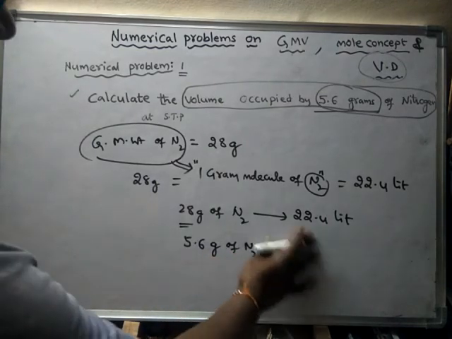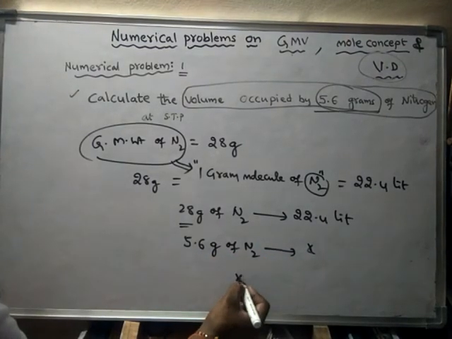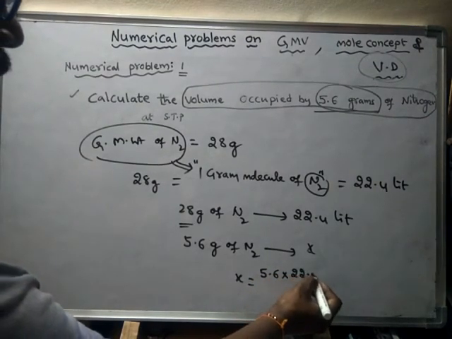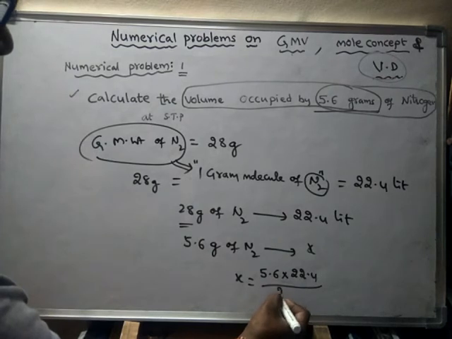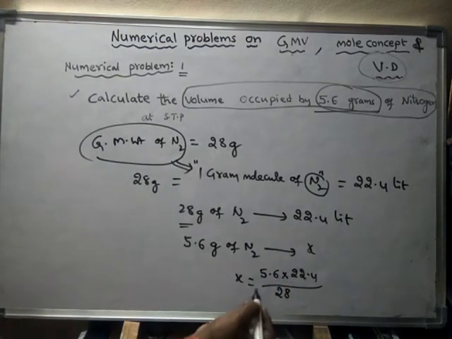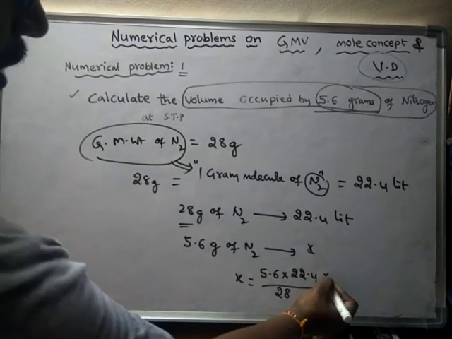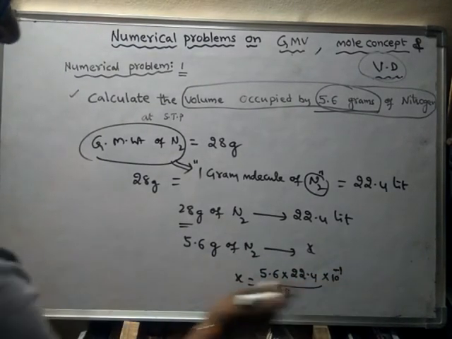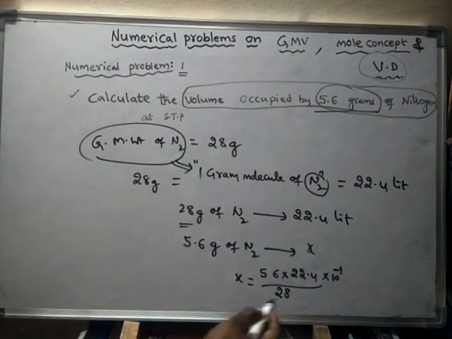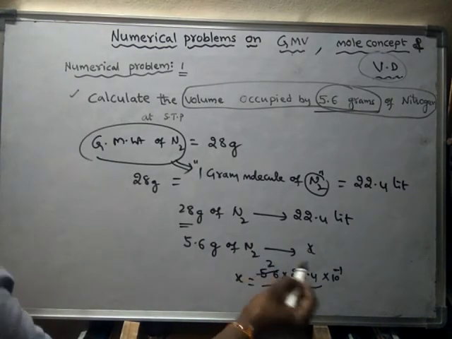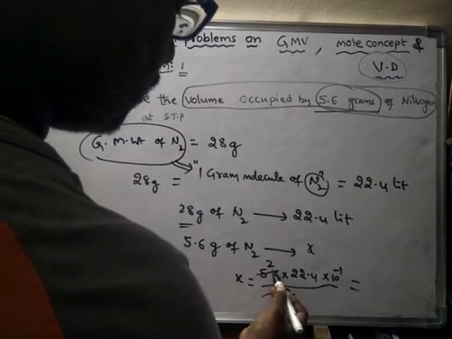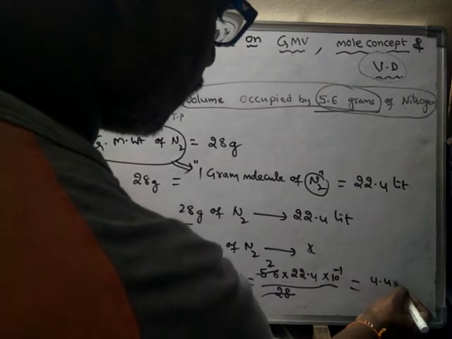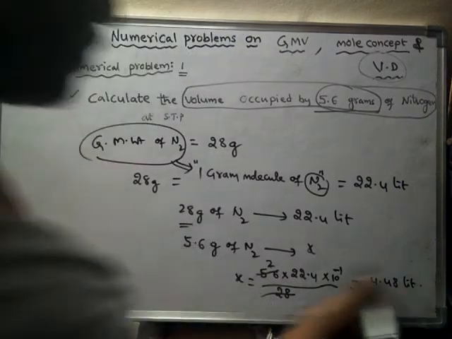Let us treat it as x, then x will be equal to 5.6 into 22.4 by 28. I am writing 10 to the power of minus 1, removing this decimal. 28 ones are 28, twos are 56. So it will be 2 into 22.4, that means 4.48 liters.